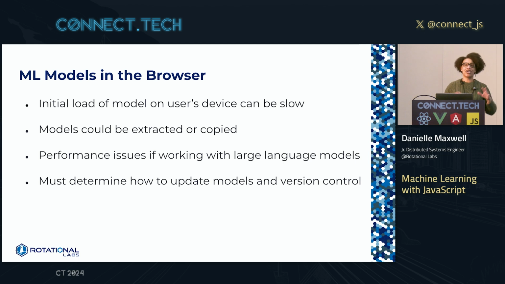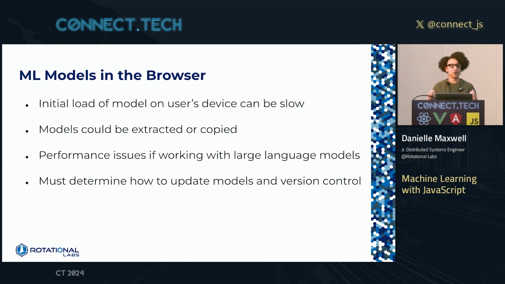However, it's not all perfect, right? Because nothing is. There are some trade-offs, things you have to think about. Although I did mention that having the model on a user's device reduces latency, the model does have to be downloaded and actually loaded, so that first initial load can take a little bit of time.